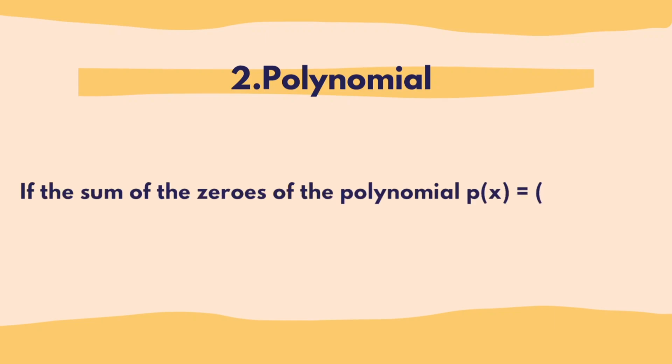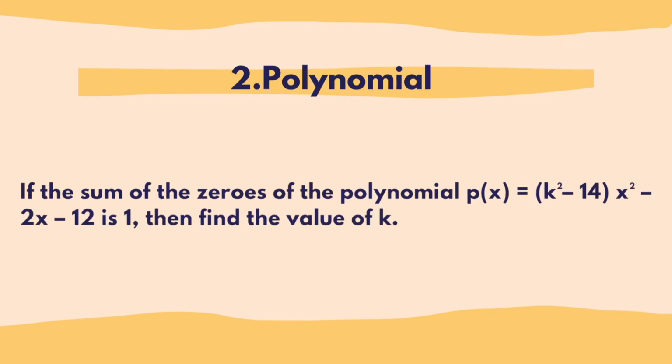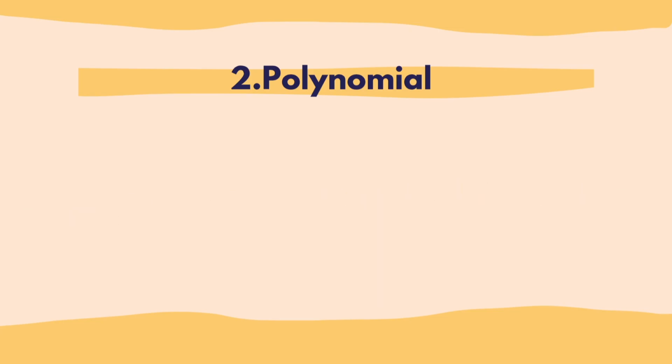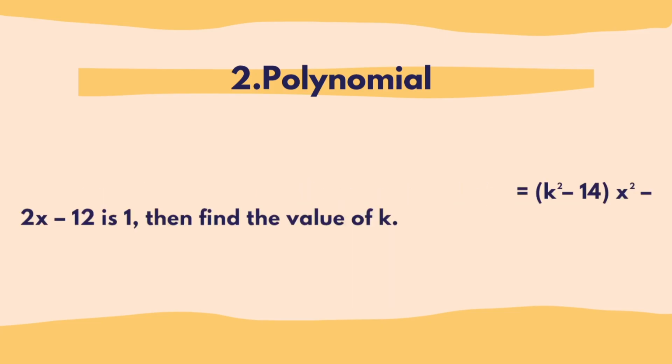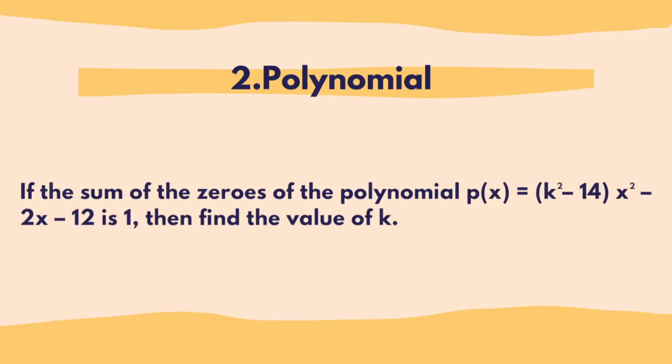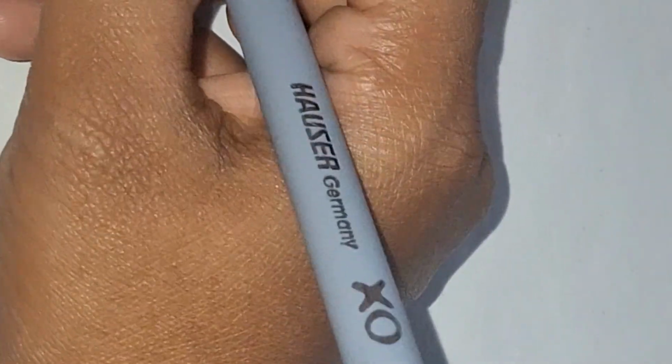Second question: if the sum of the zeros of the polynomial p of x equal to k square minus 14x square minus 2x minus 12 is 1, then find the value of k. These questions ask for 2 marks or 3 marks. First we have to write the given polynomial.